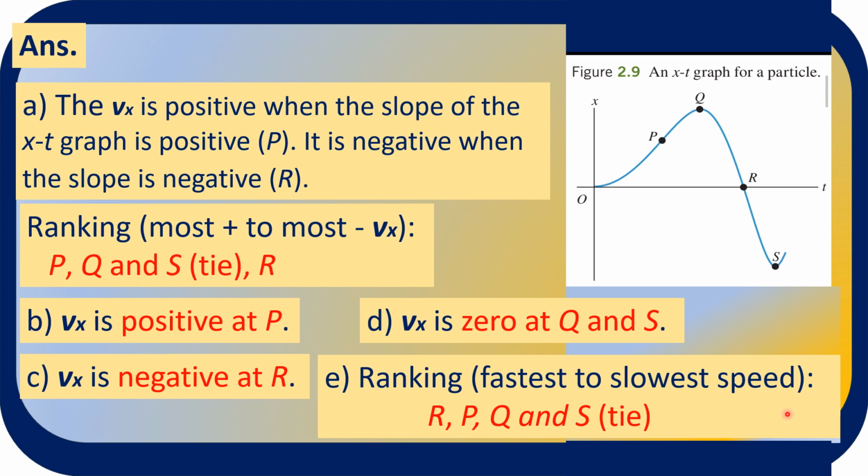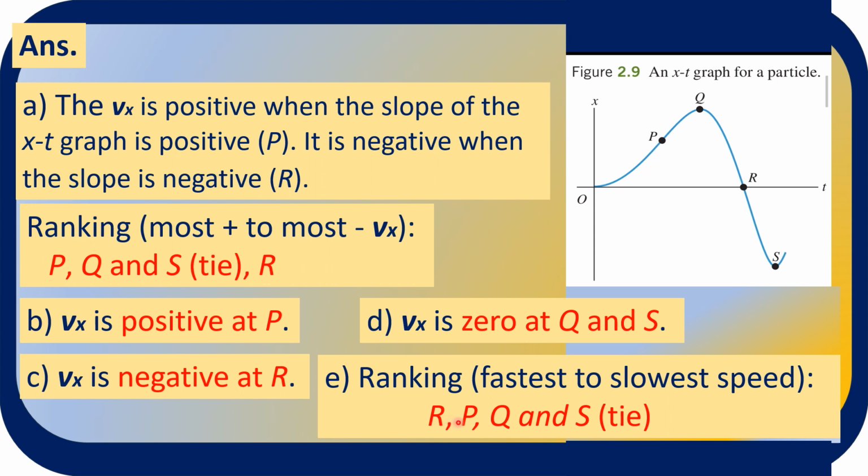Our answer here is fastest speed is at point R, followed by point P, and then Q and S have the slowest speed, which we know, the speed at each of these points, Q and S, is also equal to 0.